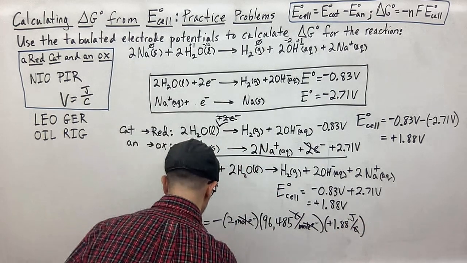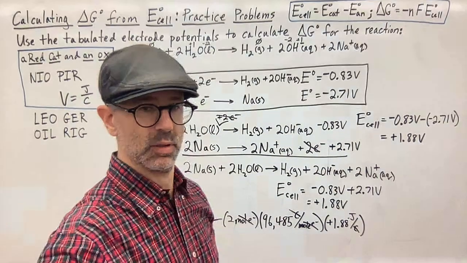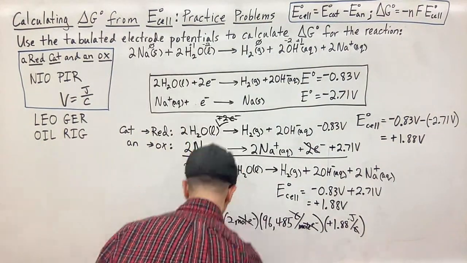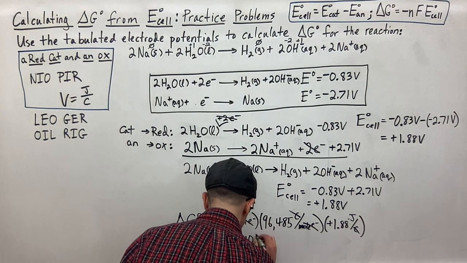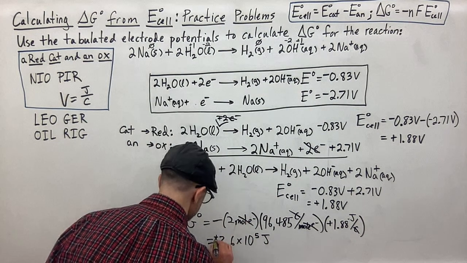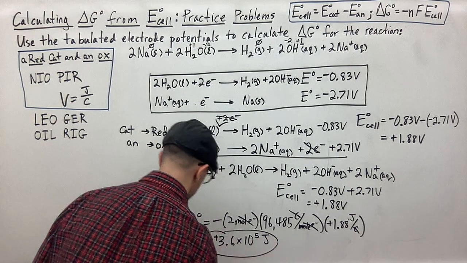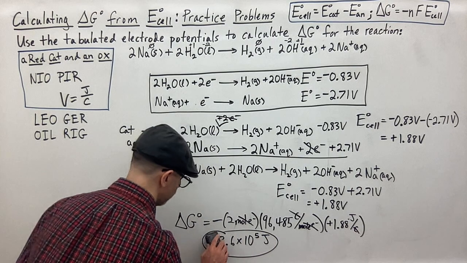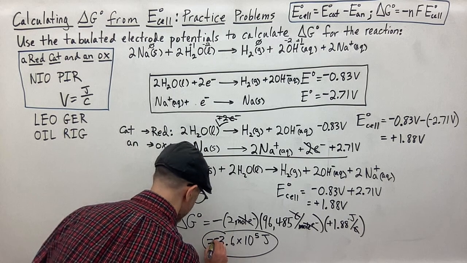So when we calculate this out, we get 3.6 times 10 to the 5 joules, and this is positive. Oh, nope, not positive, negative. I forgot the negative sign here. We have a negative here. So that is negative.